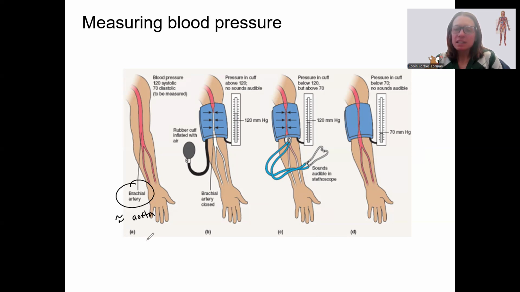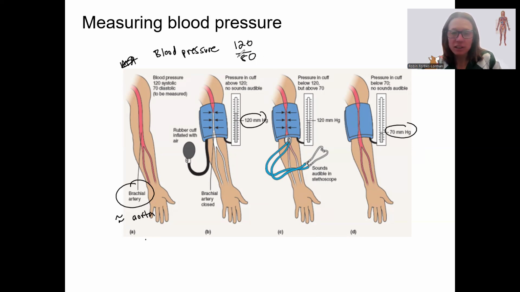It's close enough. It's giving us blood pressure, like it says up there, and it will give that to us in systolic over diastolic, here 120 over, I'm sorry, this one's actually 70 in this case, right? It does vary.